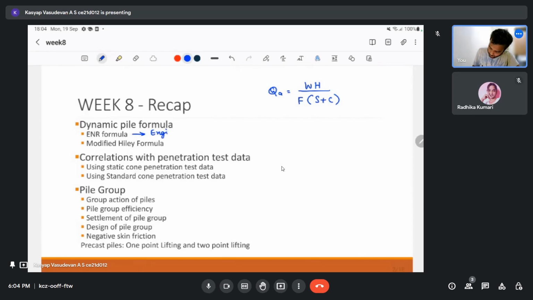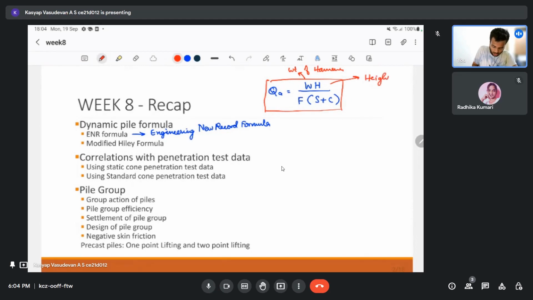This is the Engineering News Record formula. In this formula, it is quite clear that W is the weight of the hammer, H is the height of drop of the hammer, and F is a factor of safety, generally taken as 6.